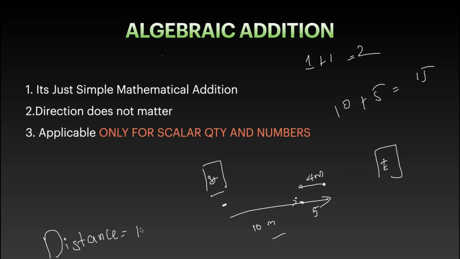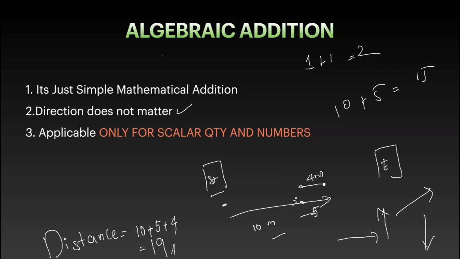We'll add 10 plus 5 plus 4, which is 19. Here, did you consider that this is forward, this is backward? Direction doesn't matter. Is this clear? It doesn't matter if you're moving this way or that way. Direction doesn't matter in algebraic addition.